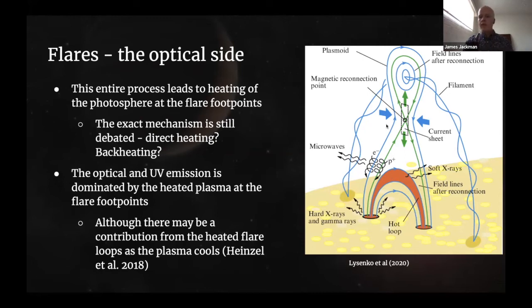The coronal mass ejection, so not every flare has a coronal mass ejection. We see that on the sun, that low energy flares may not always be associated with a coronal mass ejection.